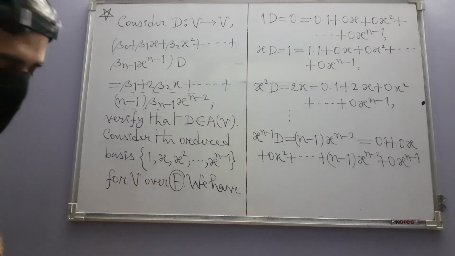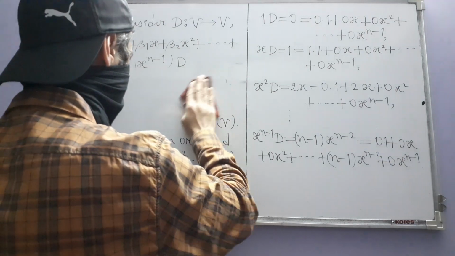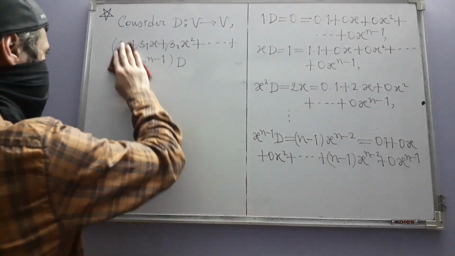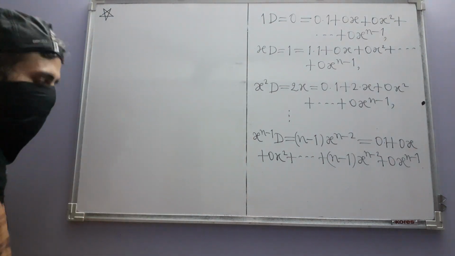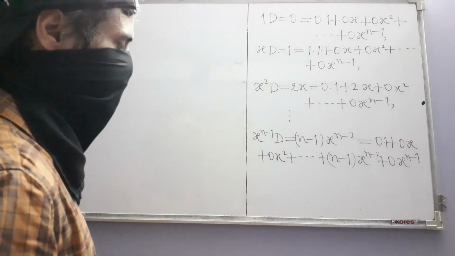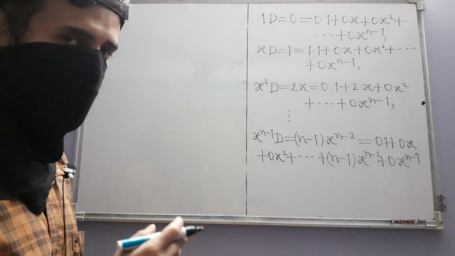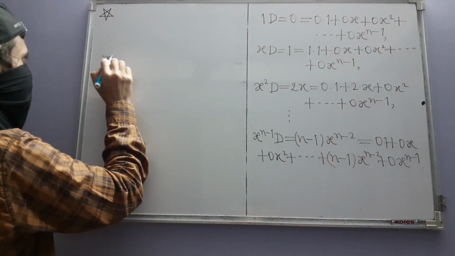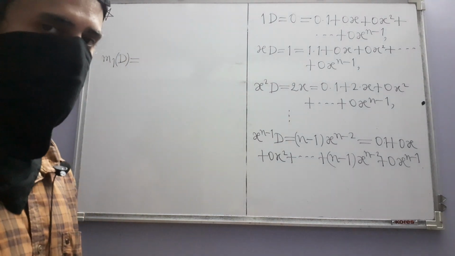Now writing the matrix, we will get this. So let us call this matrix M1, because we are going to consider two more bases and write the matrices of D for those also.